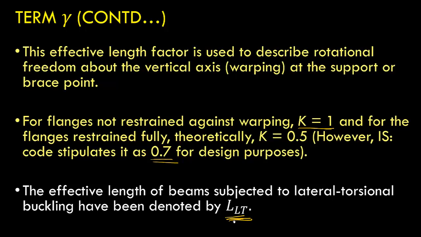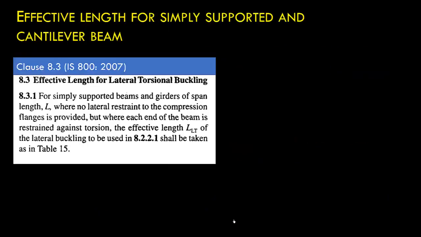And the value of effective length, that is L sub LT, is given in IS 800:2007. For example, clause 8.3 of the code says effective length for lateral torsional buckling for simply supported beams and girders of a span length L. So this is for simply supported.